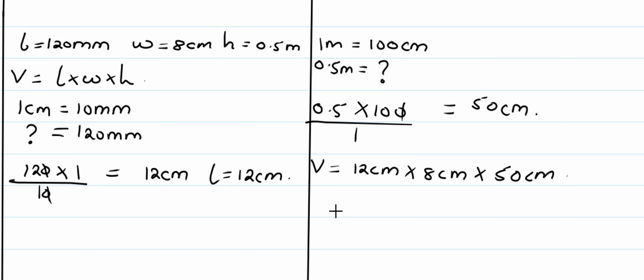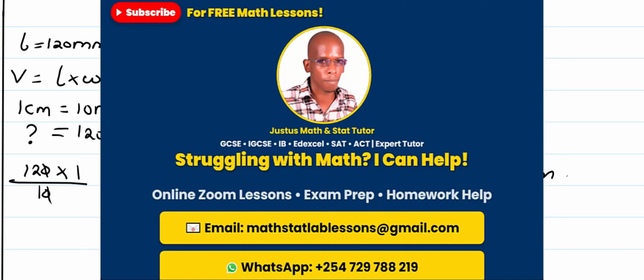So now the volume will be 12 multiplied by 8, which is 96, and 96 multiplied by 50 is 4800. Then centimeter multiplied by centimeter multiplied by centimeter gives centimeters cubed, and that becomes the solution for that question. Can you try another example?